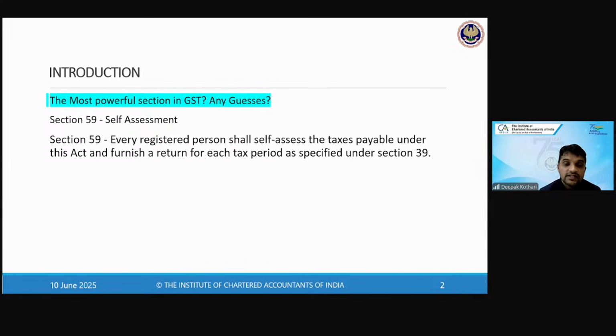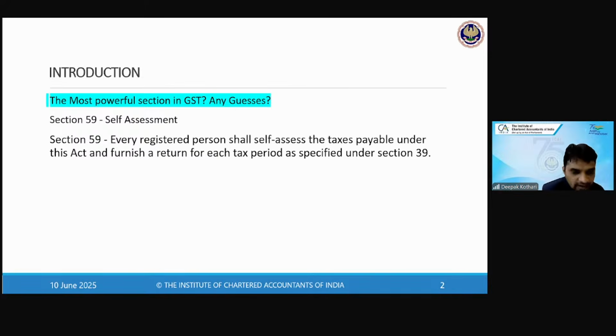Why? Because of this very important section, section 59, which says that every registered person shall self-assess the taxes payable under this Act and furnish a return for each tax period.